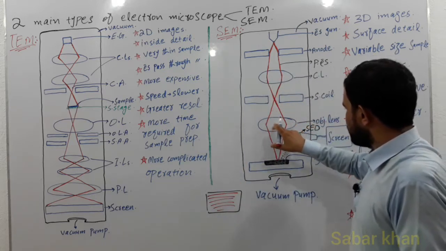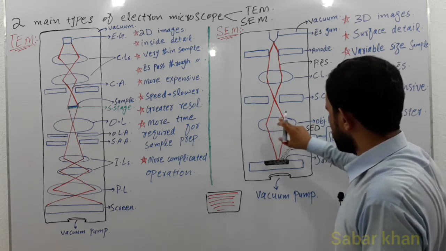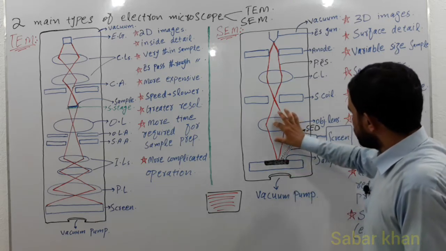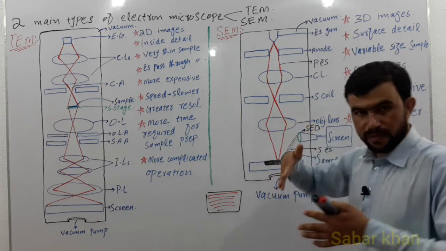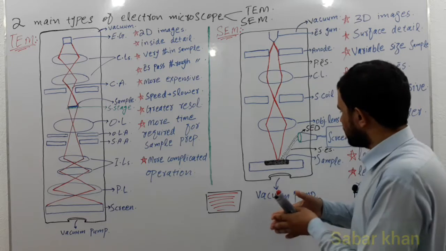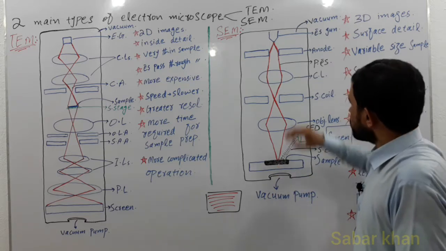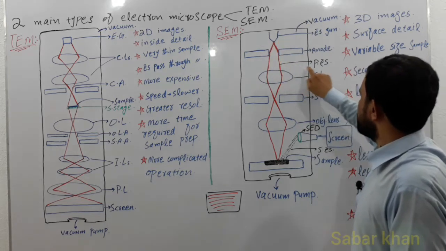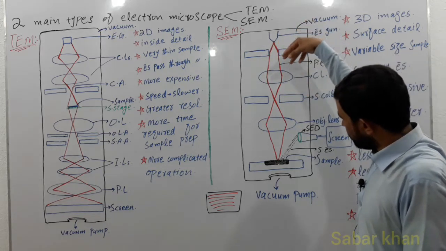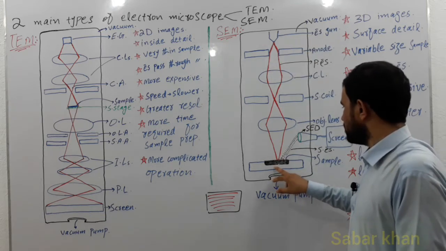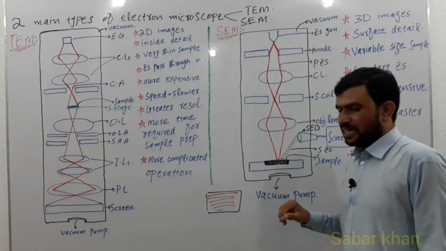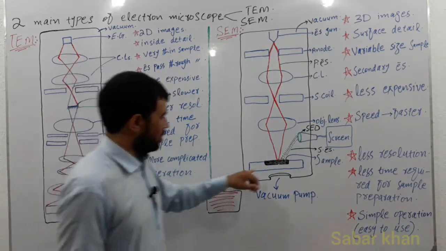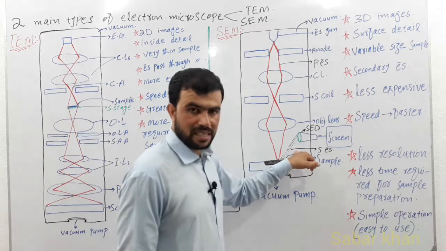After that, the electron beam passes through the objective lens and comes towards the sample. The objective lens focuses the electron beam on the sample. The electrons which are emitted from the electron gun are known as primary electrons, and when these primary electrons come towards the sample, they emit electrons from the sample, which are known as secondary electrons.